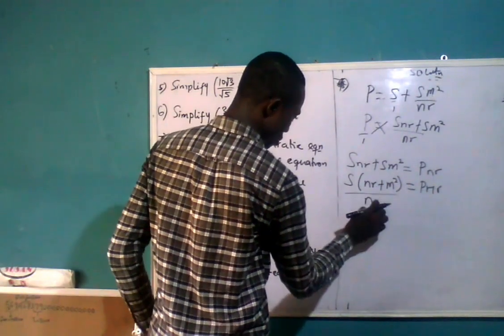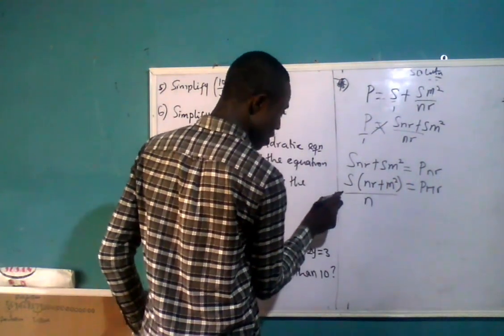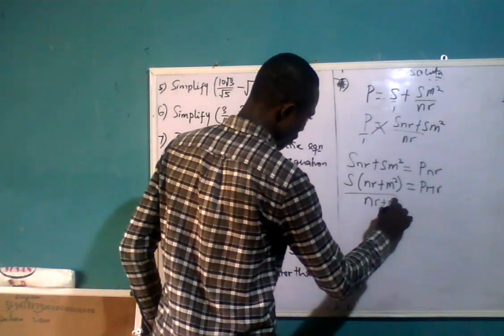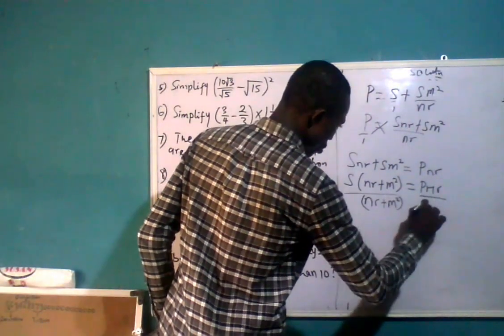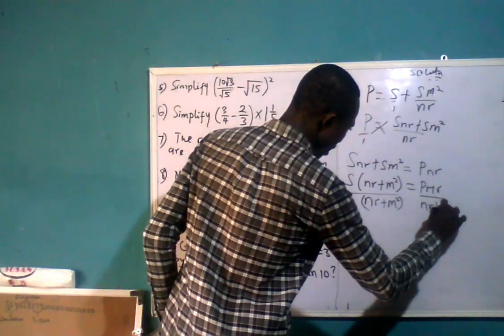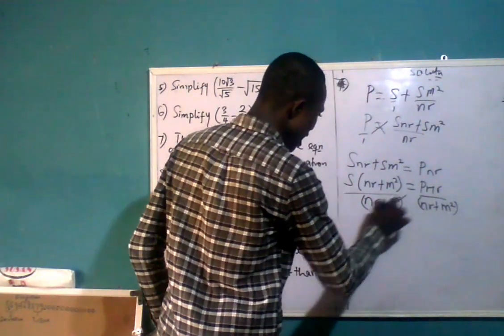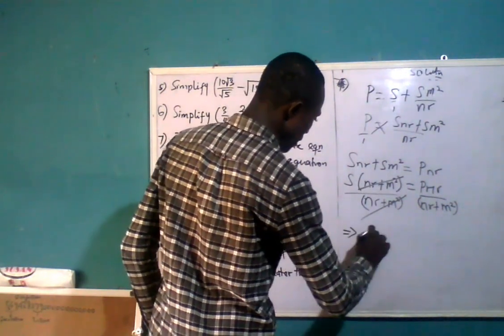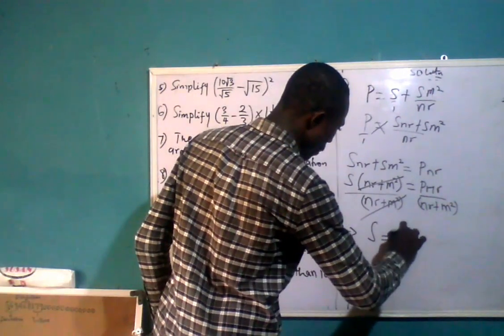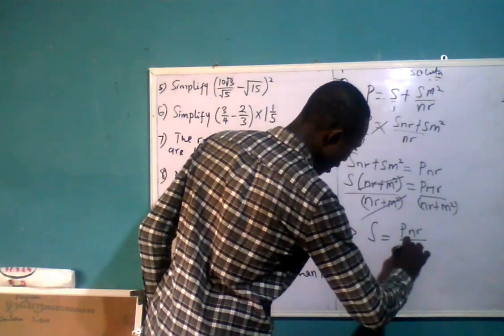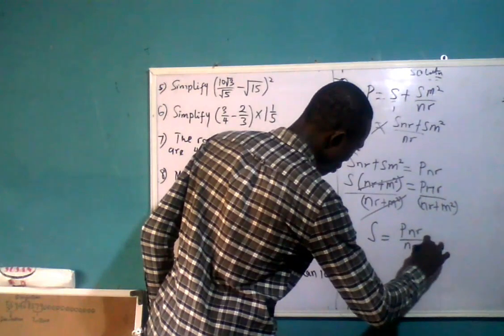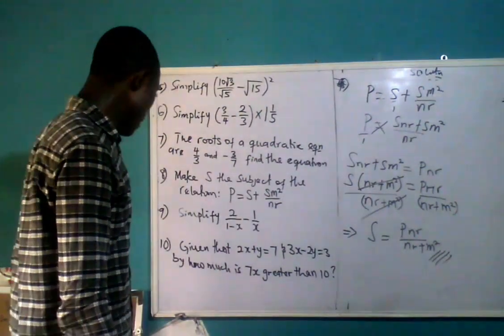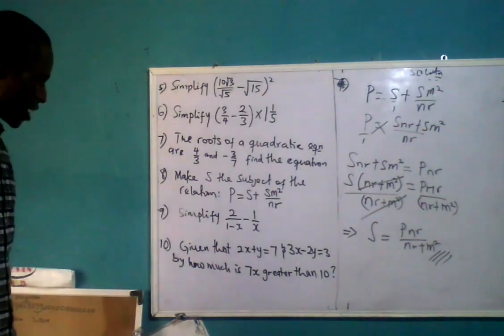This part of the expression is what you don't want, because we are making S the subject of the relation. So divide both sides by NR plus M squared. We cancel NR plus M squared, so that S is equal to PNR all over NR plus M squared. And surely, that's the final answer to question number 8.